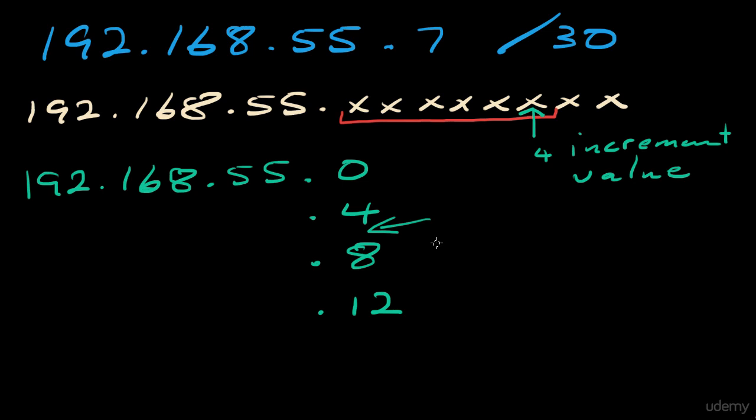Now let's look at .7 more carefully. 8 is a network ID. If we went back 1, what do we get? We get .7. .7 is therefore a directed broadcast IP address for the .4 network.